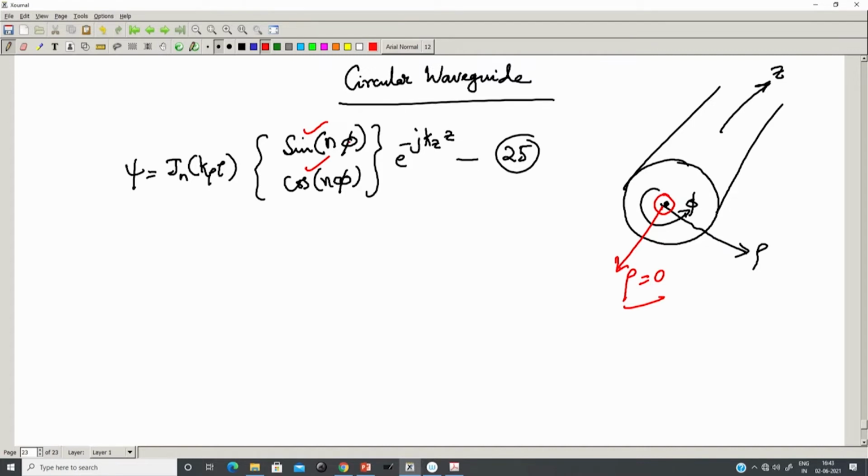This is called mode degeneracy, except for the case n equal to 0, when sin n phi vanishes and cos n phi becomes 1. That means the field is phi invariant, that is, it does not depend on phi. So, except for the case n equal to 0, we have the mode degeneracy along the phi direction.